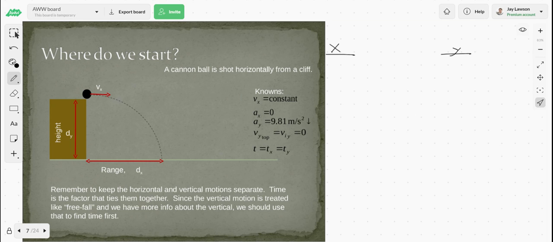So with most of these problems, because you know more about the y direction, you'll find it beneficial to solve for time doing that, because most of the time you'll have more information about the vertical, and you should solve for time first, generally. General rule. I won't say rule, I'll say practice. Something that you would do most of the time, but not all the time.